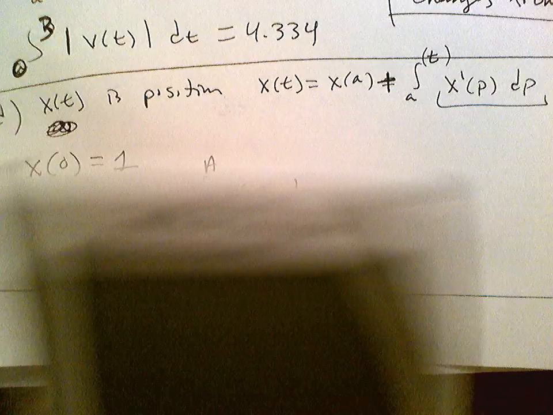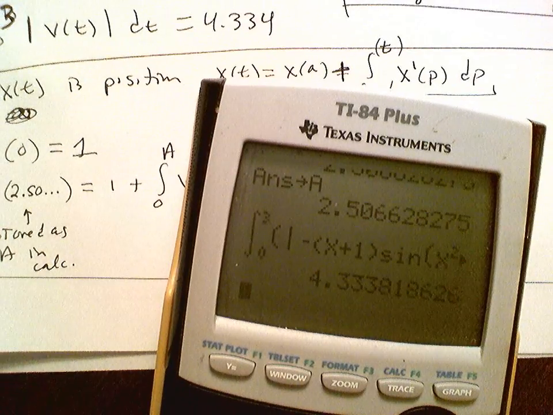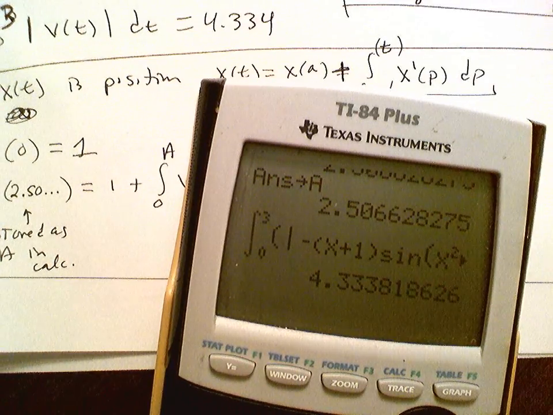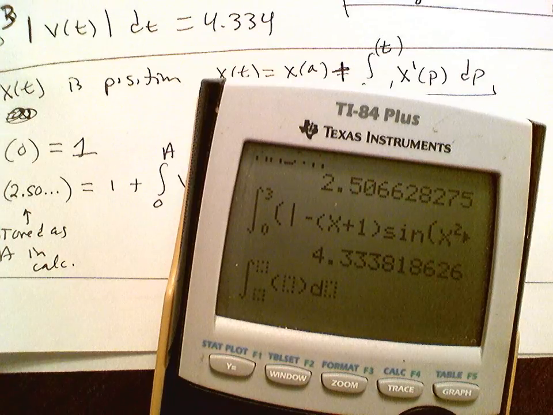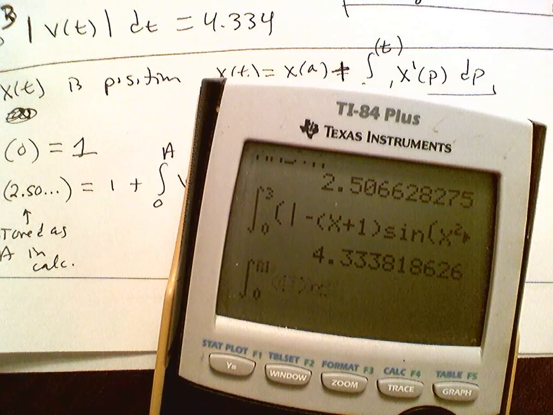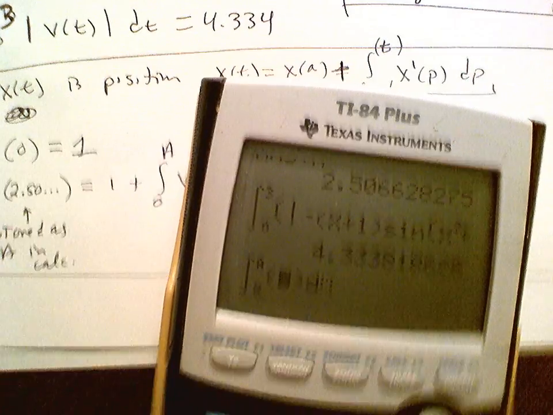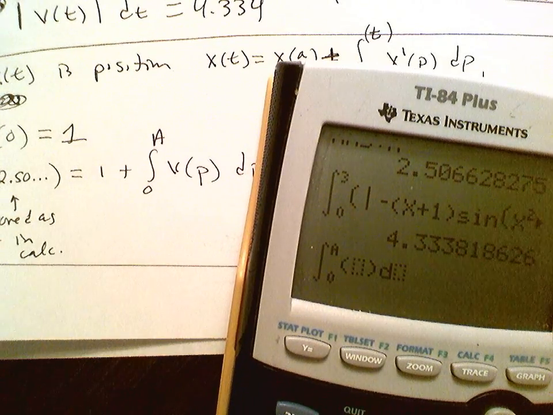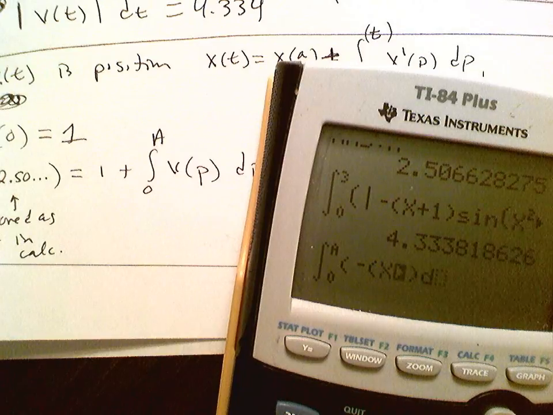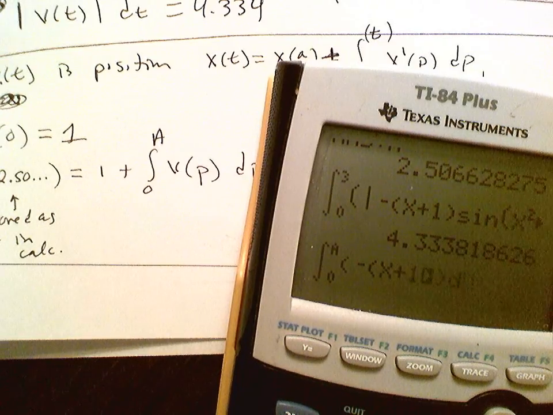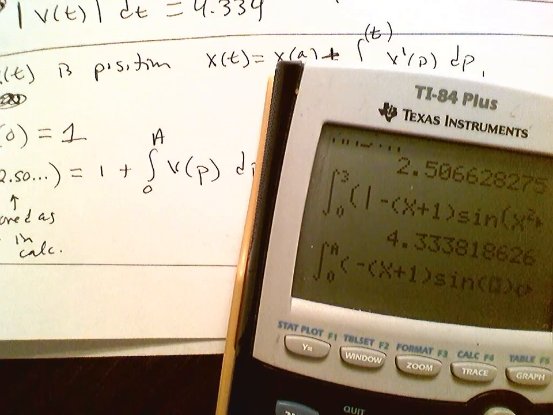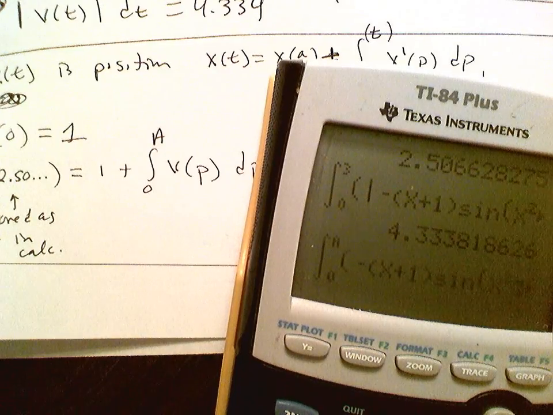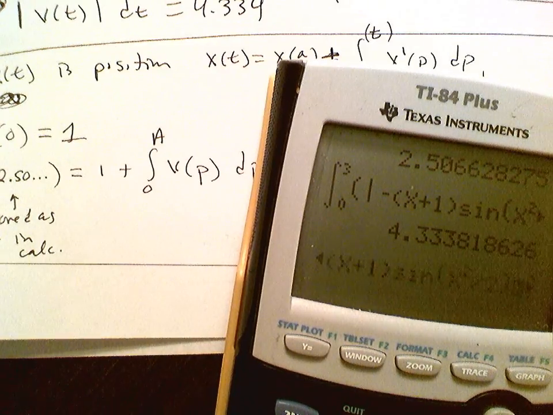In my calculator, I go math 9, from 0 to a, and then the velocity function, negative x plus 1 sine 2.